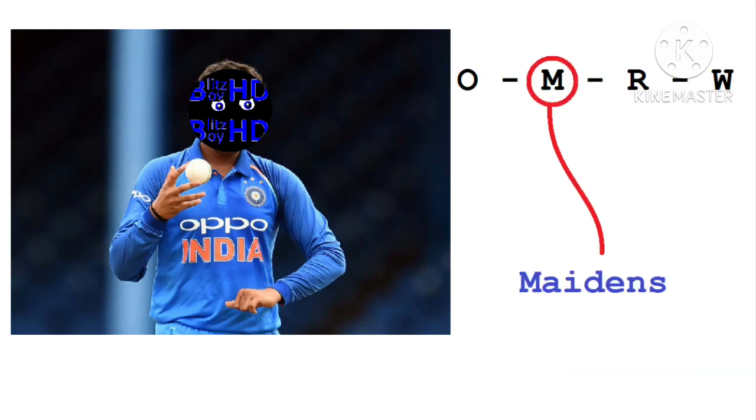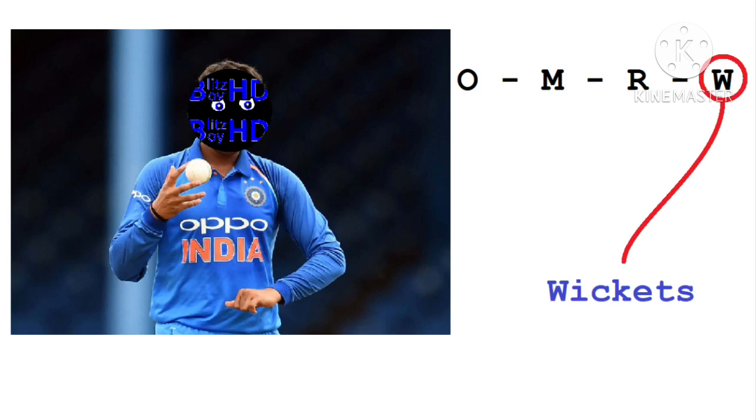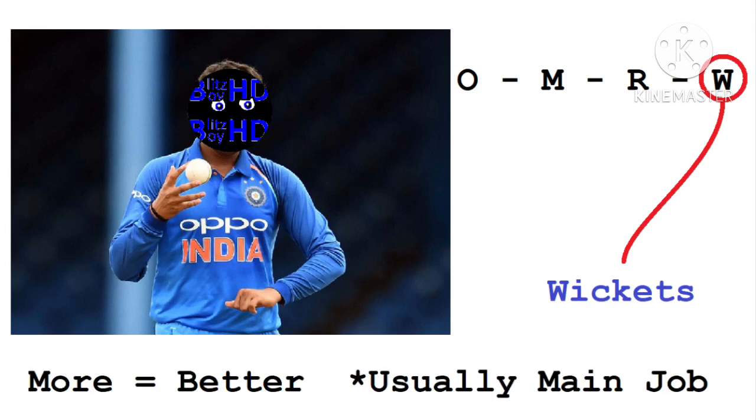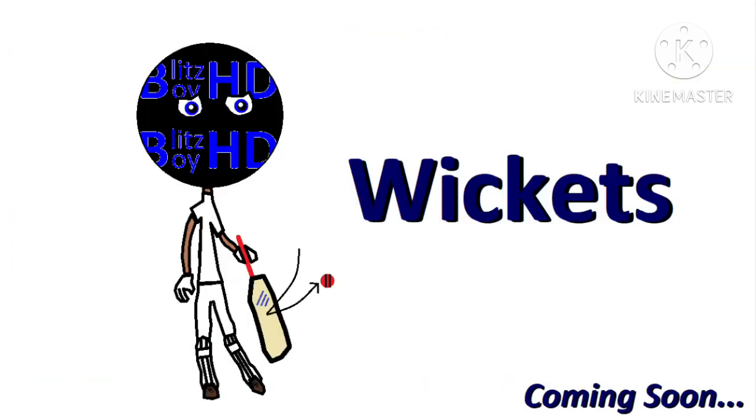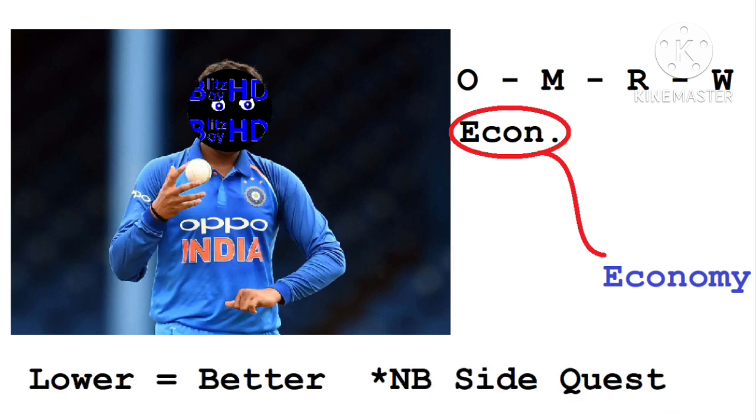Maidens are overs during which you gave away no runs. Speaking of which, runs are how many runs the batsmen have scored against you, plus how many extras you have given away. The last slot is for your wickets. You get a wicket if you send a batsman packing. More on that soon. Another important stat is economy. Your economy is how many runs you conceded every over.